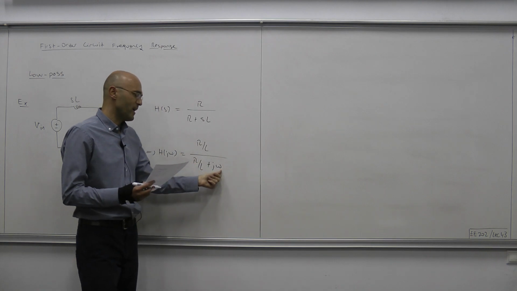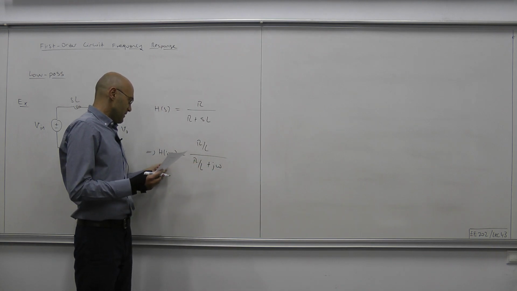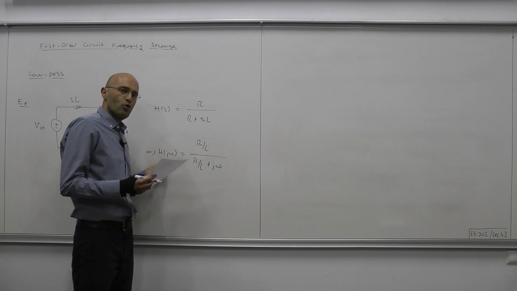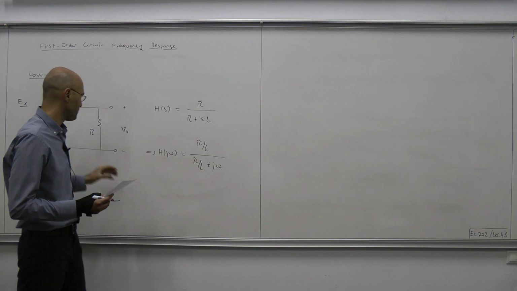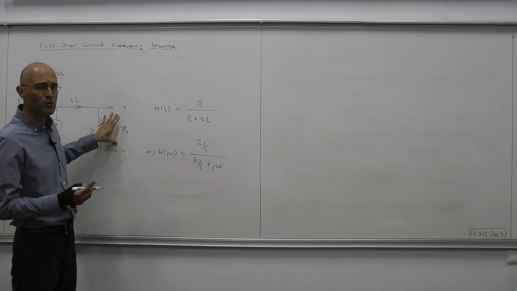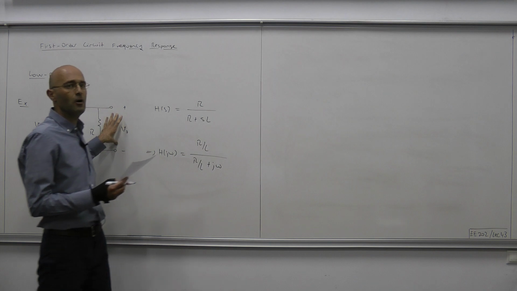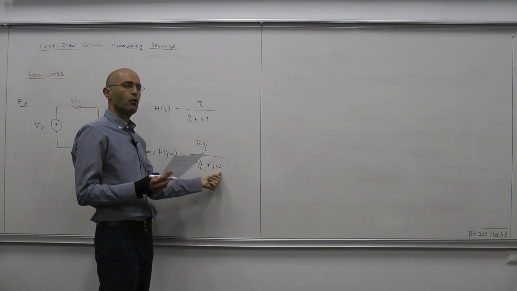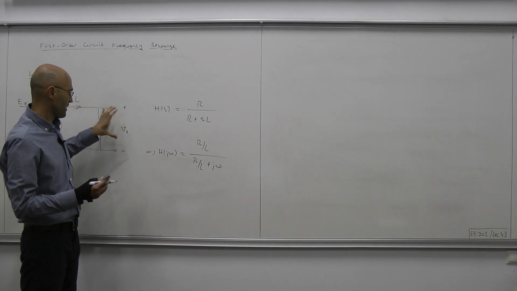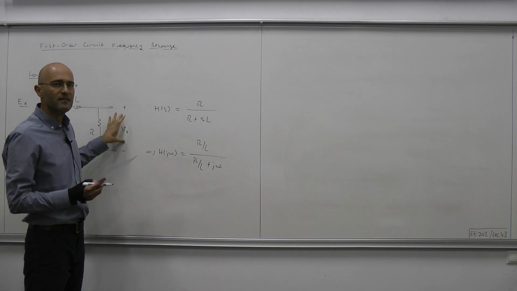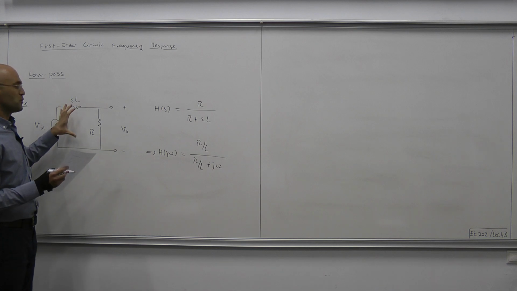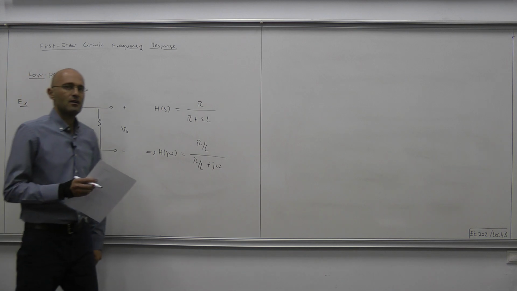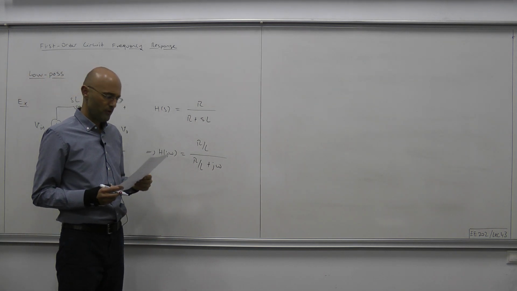Therefore, as you increase omega, the magnitude of H omega becomes smaller and smaller. So at high frequencies, not much will be observed at the output, whereas at low frequencies, when omega is small, we will see something significant at the output terminals. Therefore, this circuit produces a low pass type of filter.